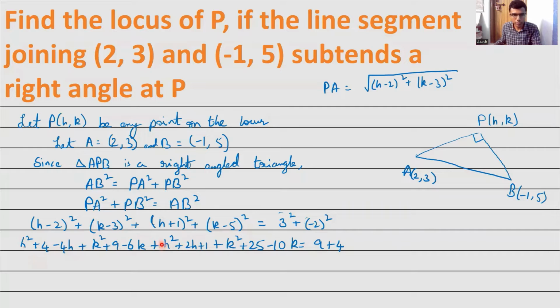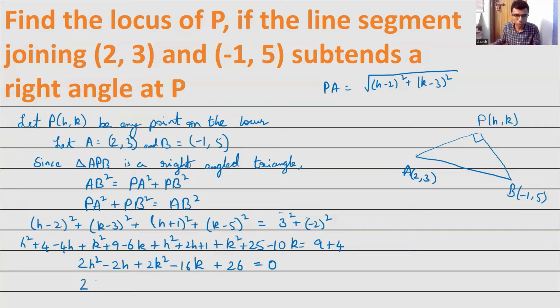Then h square plus h square is going to be 2h square, minus 4h plus 2h is going to be minus 2h, k square plus k square is going to be plus 2k square, and minus 6k minus 10k is going to be minus 16k, and 9 and 4 were cancelled, so we are left with 1 and 25. 1 plus 25 is 26 is equal to 0.